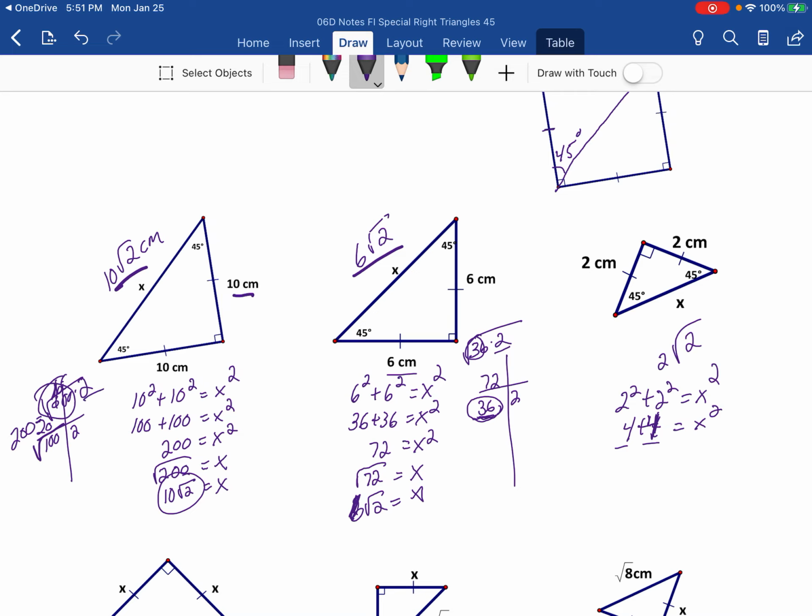And so I have my perfect square and I have my 2. So this is going to be 8 is equal to x squared, and I take the square root, 8 is actually 4 times 2. And so it ends up being, sure enough, 2 radical 2, and I'm not going to forget my centimeters here. This is 2 radical 2 centimeters.